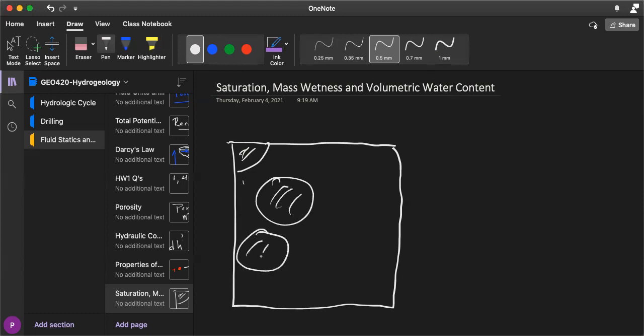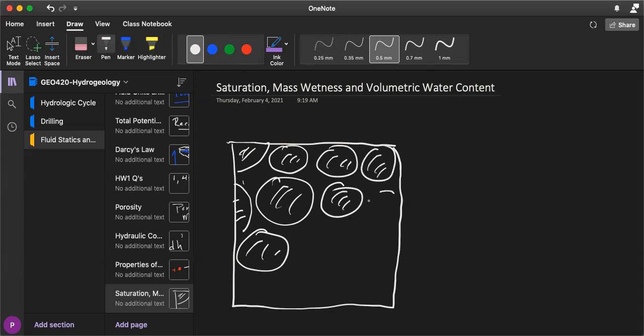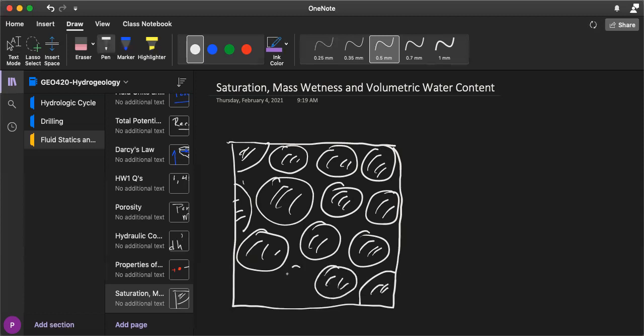All right, and we've talked about the porosity, which is the total volume of the pore space in this porous media. But now we're going to think about this porous media in the case that not all of our pores are filled with water.